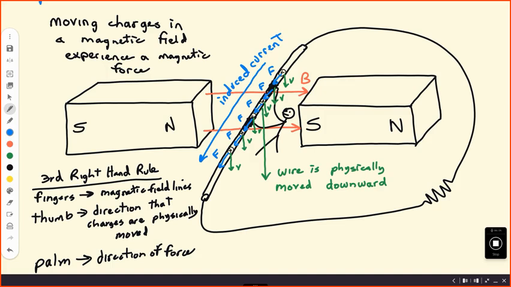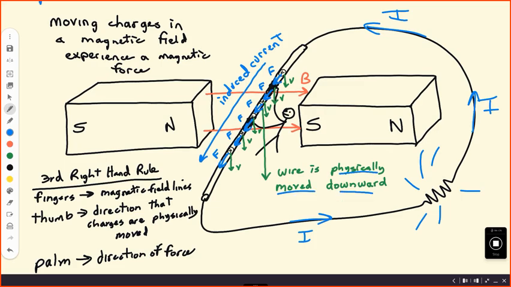And it's not just going to flow there, it's going to push the current here. It's going to light up the light bulb, and the current's going to be going here, and the current's going to be going here, all because inside here, when the charges were physically moved downward, they experienced a force out of the page down the axis of the wire.